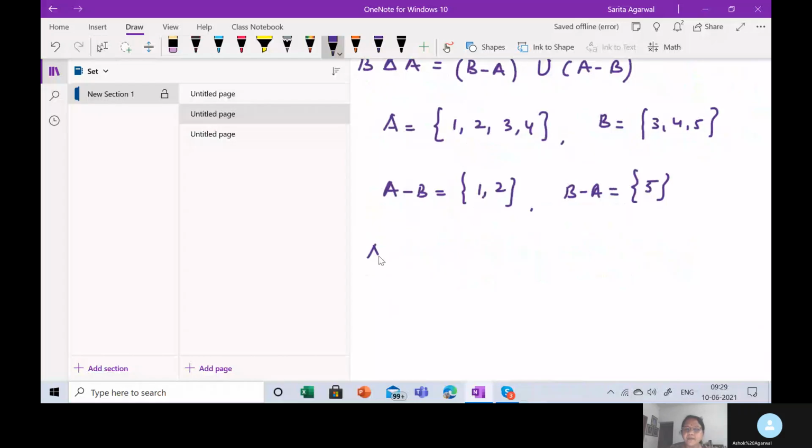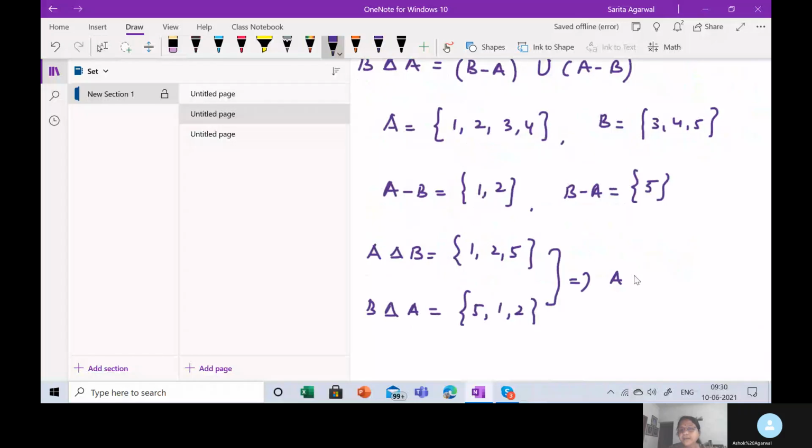Then the A symmetric B is 1, 2 and 5. Similarly, the B symmetric A is 5, 1, 2. So you can see these two are equal. Thus A symmetric B is equal to B symmetric A.